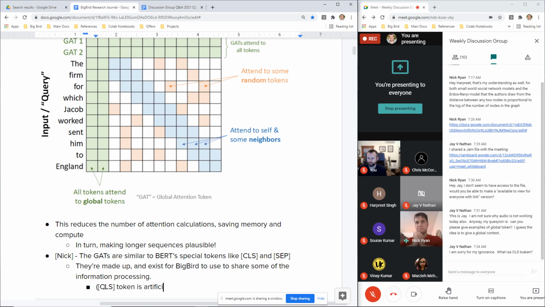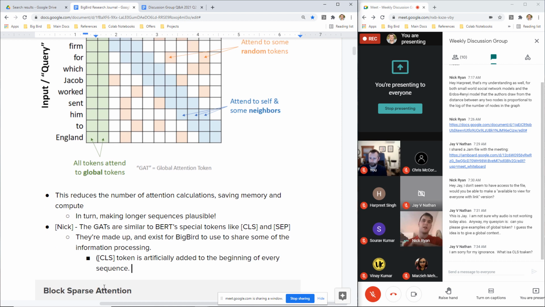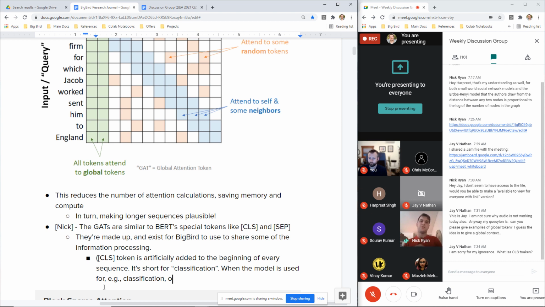CLS supposedly means classifier, but it's just a token that has no real meaning. It's just one of the vocabulary items, and they route a lot of information processing through this CLS token. Given the objectives of BERT, it is supposed to serve as some kind of shorthand for the whole sentence. So each word in the sentence has its own vector, but the CLS token is supposed to be a simplified version of everything that comes after it.